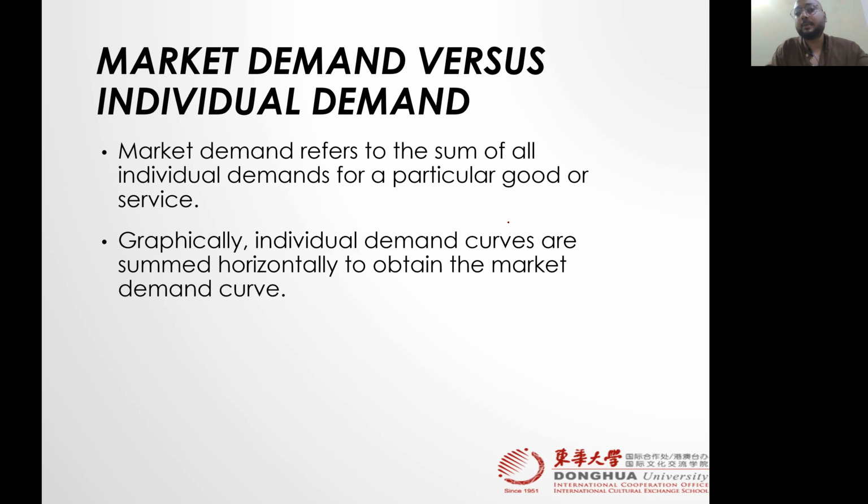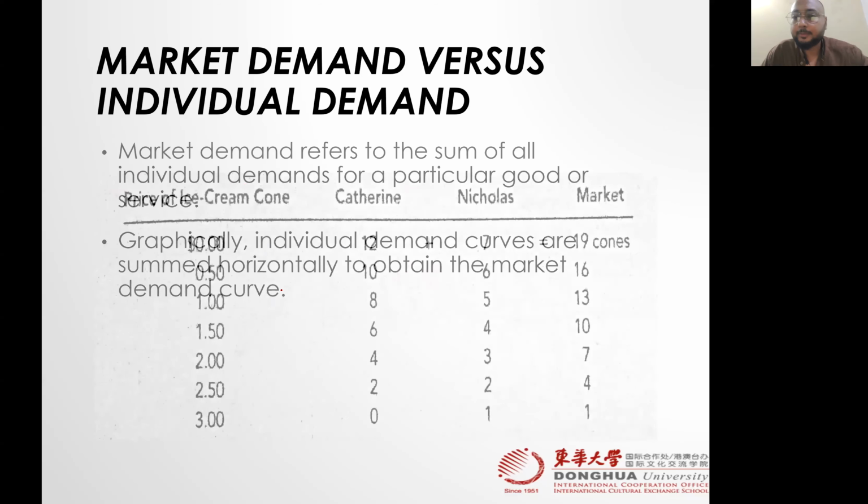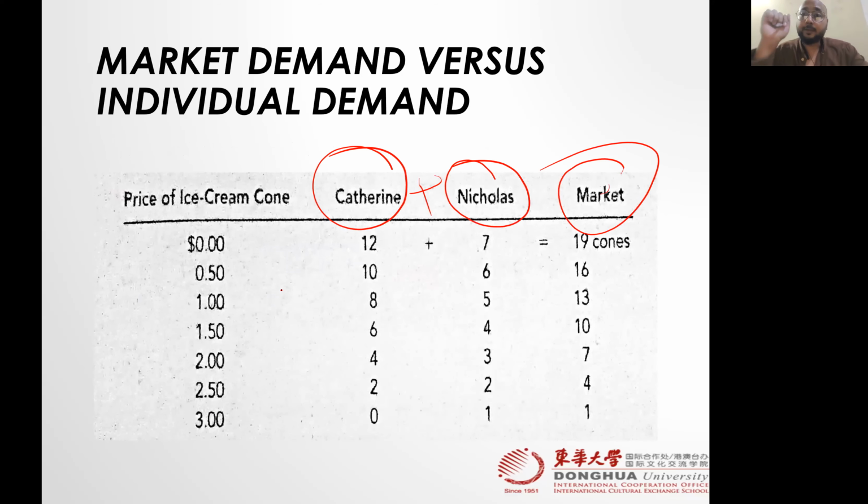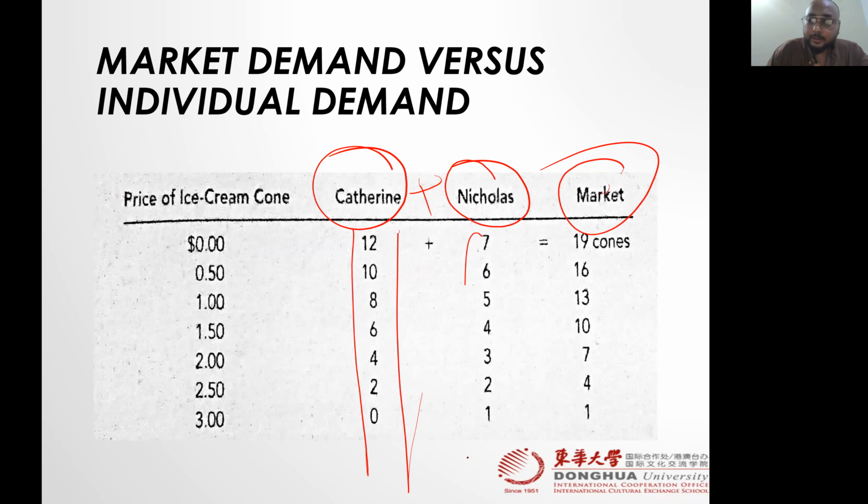So the market demand refers to the sum of all individual demands for a particular good or service. Graphically, individual demand curves are summed horizontally to obtain the market demand curve. So you see here, if in a market only two customers exist, according to their own preference, the numbers are not the same.